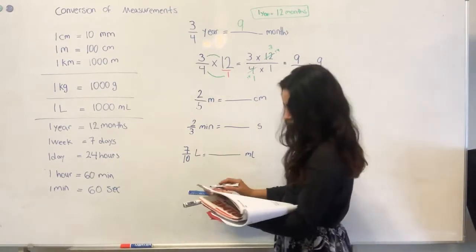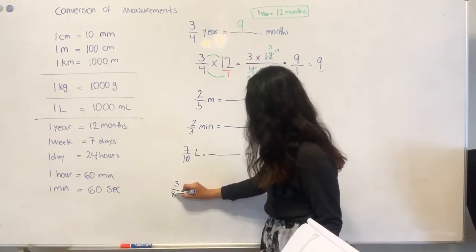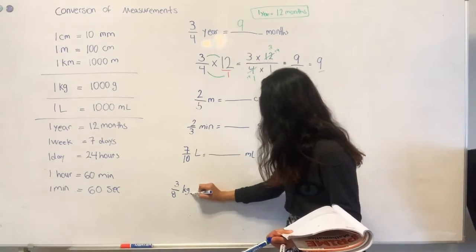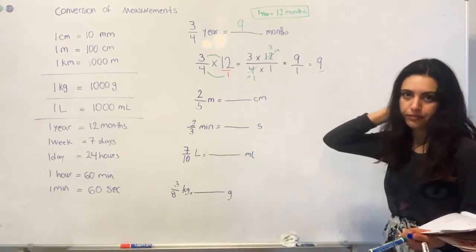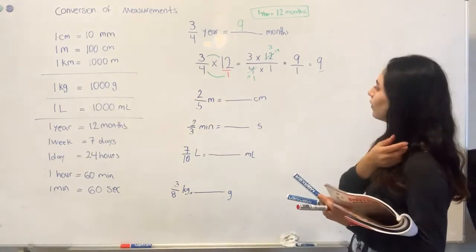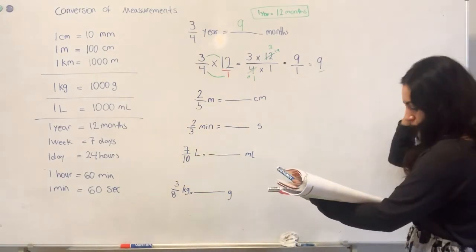And the last one, 3/8 kilogram, how much gram. So I want you to do these ones yourself. If you need me to do them, comment and ask me to do them for you.